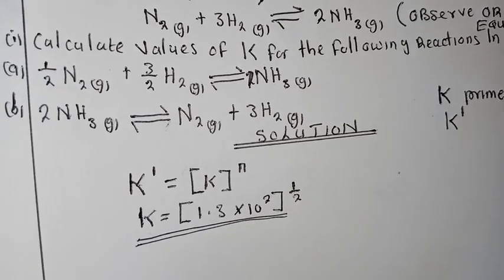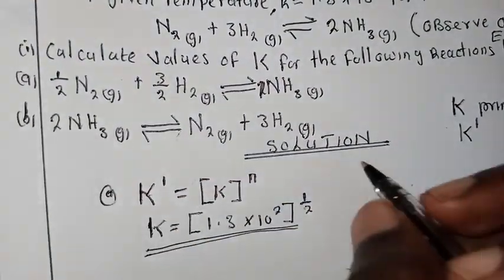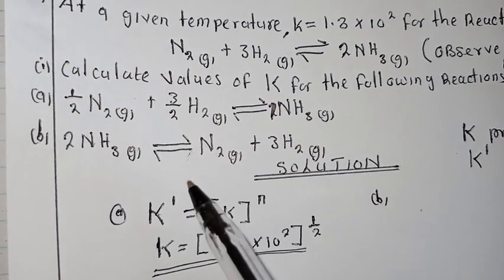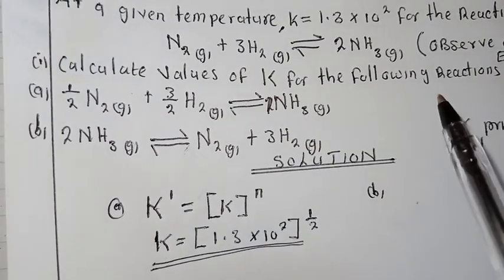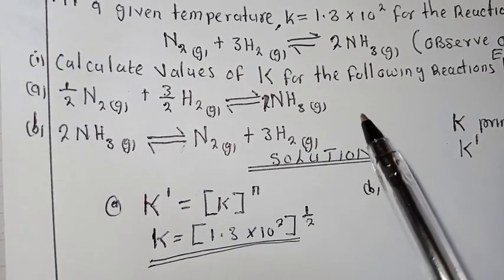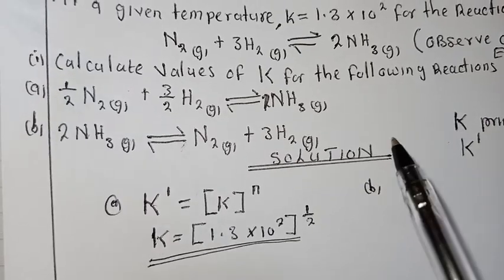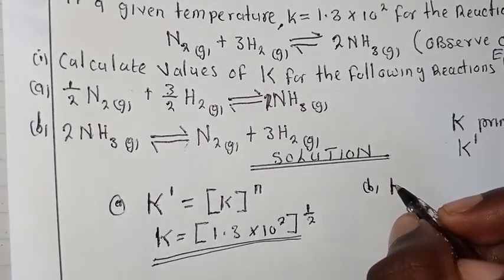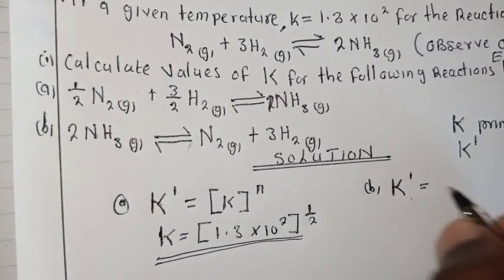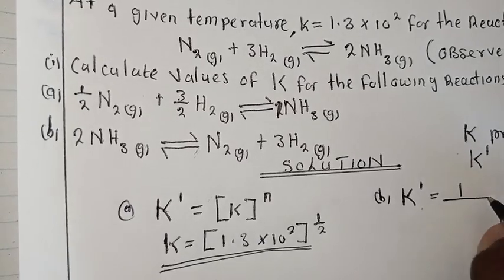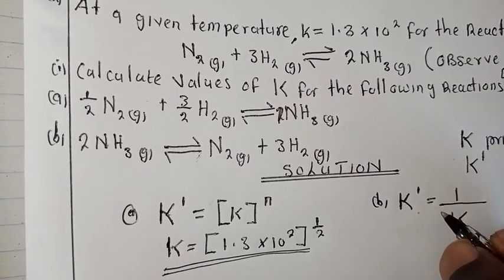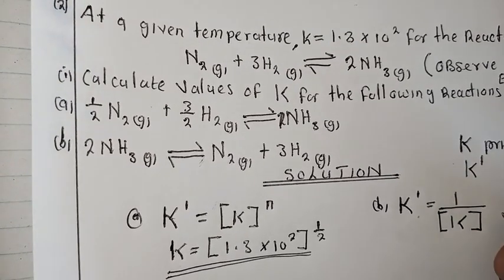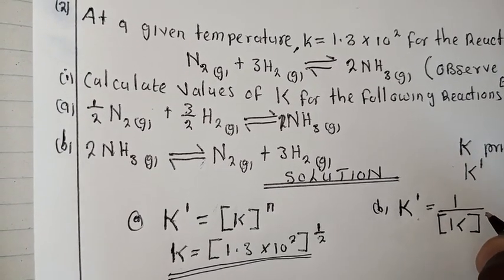For the second question B, it's the same concept, but the equation has been flipped. Nothing has been added except that it has been flipped. So in mathematics, whenever you're flipping something, it's the inverse of that particular thing. So of course, this is just 1 over K, the initial equilibrium constant, to the power n.